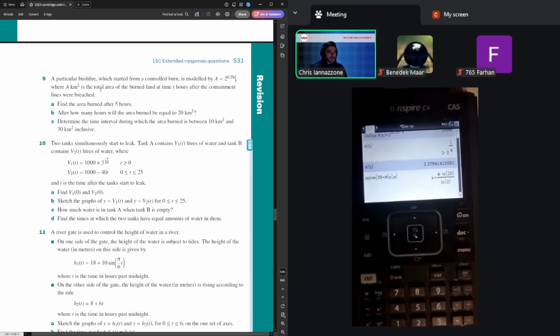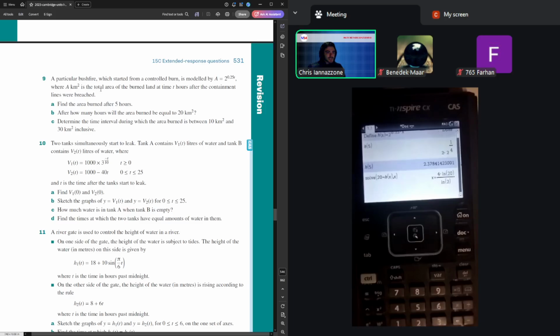For instance, if it was a polynomial and the fire waxed and waned, increased and then decreased, increased, decreased, it's not necessarily a great idea to do time at area equals 10 and time at area equals 30.